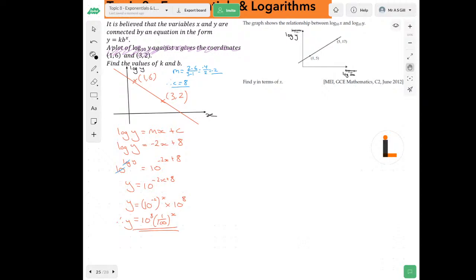I've left it as 10 to the 8 just because it's clearly a big number, so it's easy to leave it as that. And just to make it really clear for the examiner, I'm going to specifically and explicitly write down the values of k and b that we get.